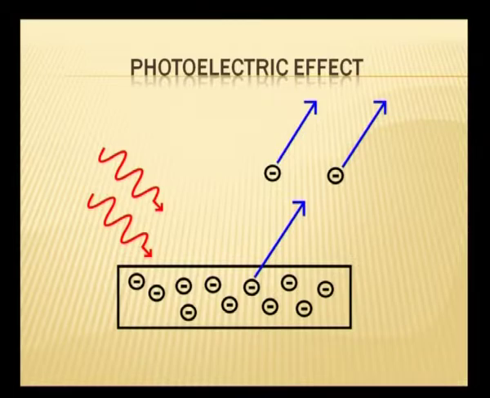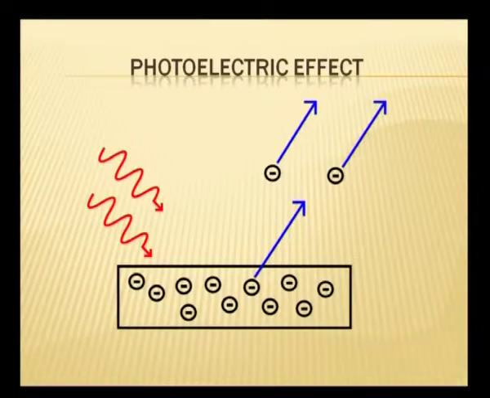What do you mean by metallic bonding? The free electrons roaming here and there within the metal lead to metallic bonding. And the important point is, in all metals you have free electrons, and when light is incident on a metal piece, these free electrons will come out of the metal.